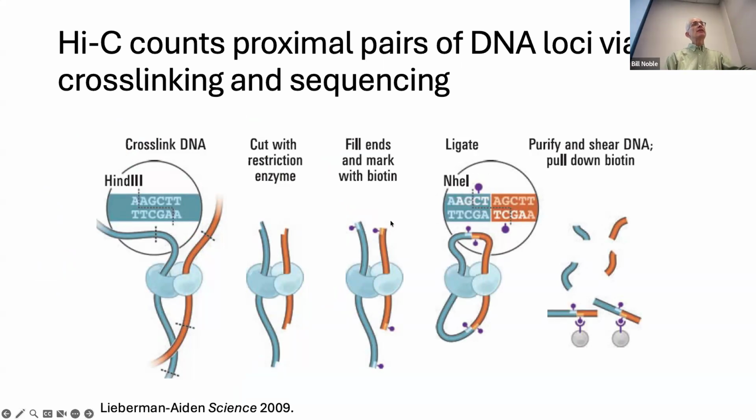Fill those cut ends in with biotin and then ligate them back together. Once you remove the crosslinks and shear, you can pull down the ones that contain the two different fragments that have been linked together. And that tells you that there were two different DNA loci that were in close contact in the cell.